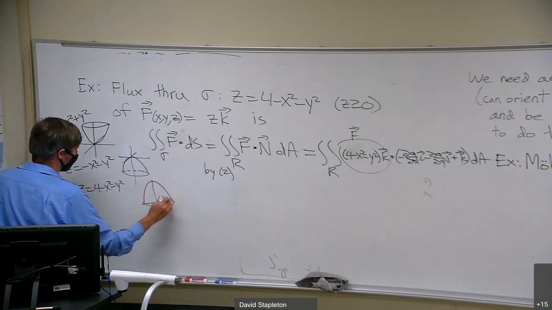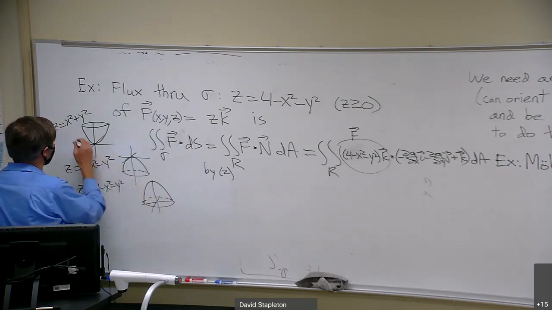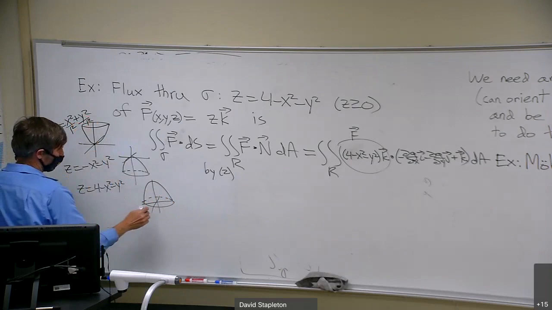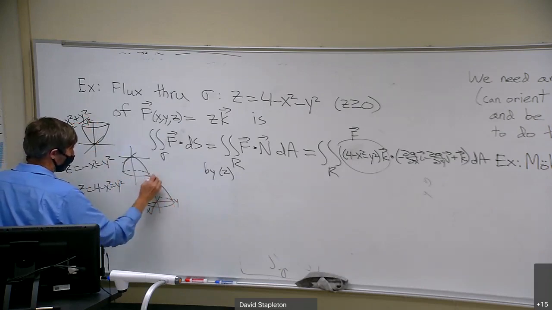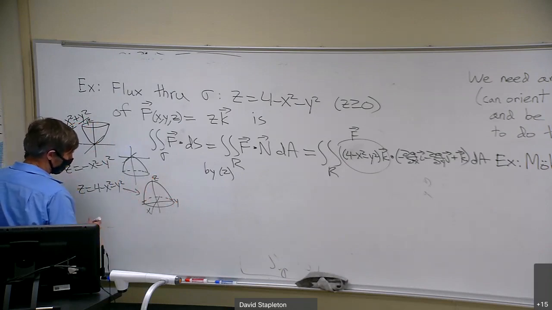Since it has circular cross sections, it's a circular paraboloid, a equals 1, b equals 1. This will intersect the xy plane in a circle. So this is the one we're interested in. It's this surface right here.